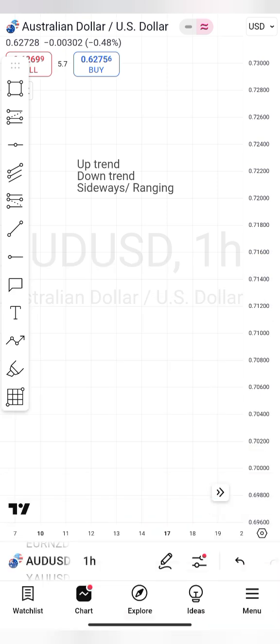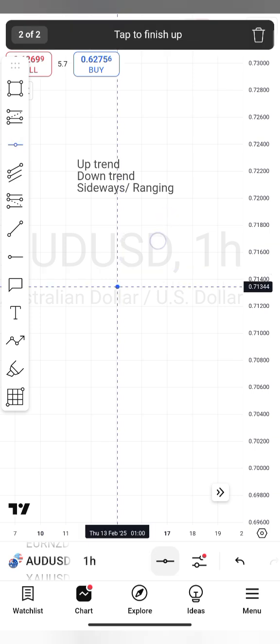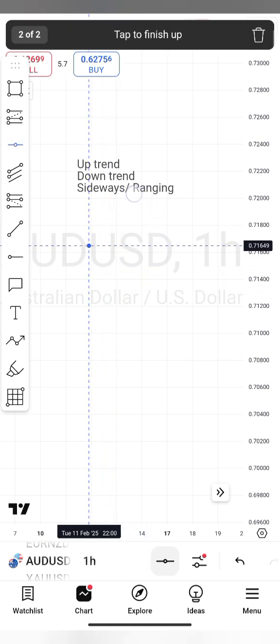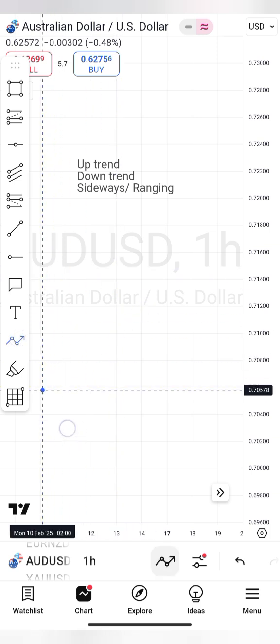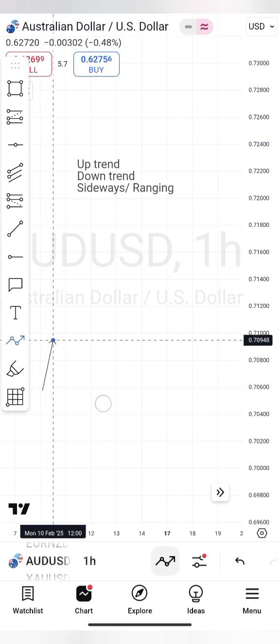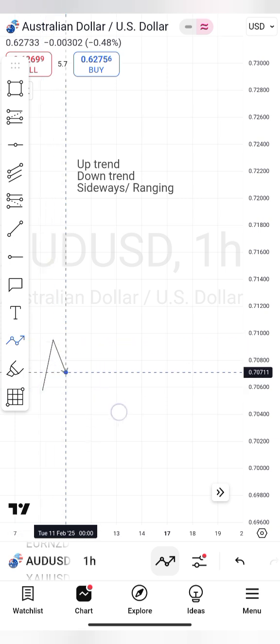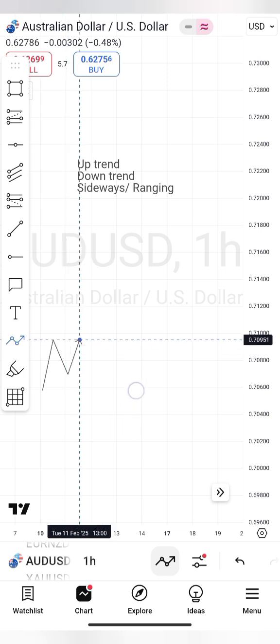Now, let me give an example. Okay, let me give a textbook example of these types of trend. In an uptrend, you have, let's say, this is your starting point.